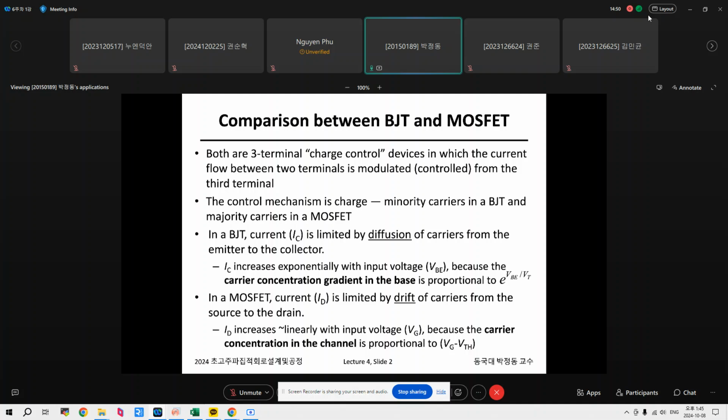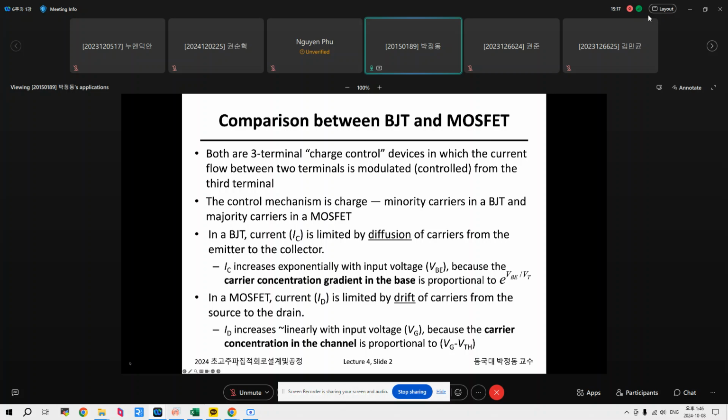So because of this reason, if you change VBE, then the current will be changed exponentially depending on the VBE. Okay, that's why the operation equation of the BJT is given this way.